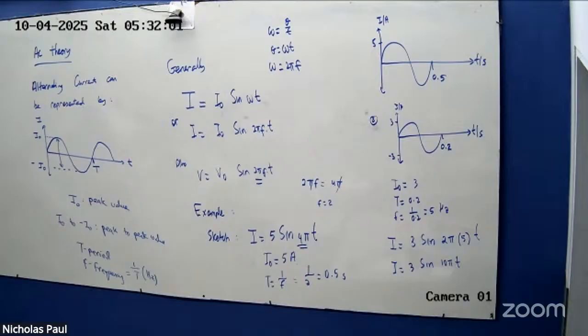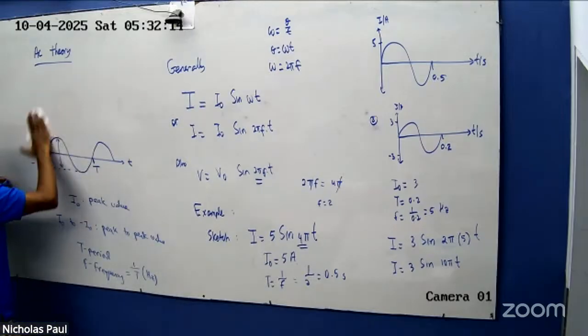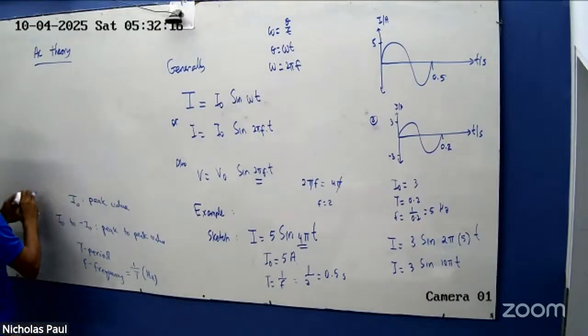This value is called the root mean squared.